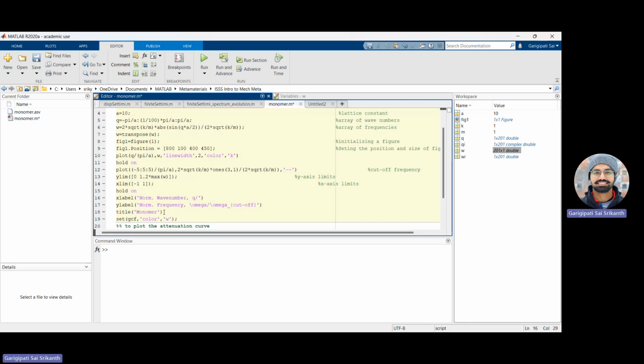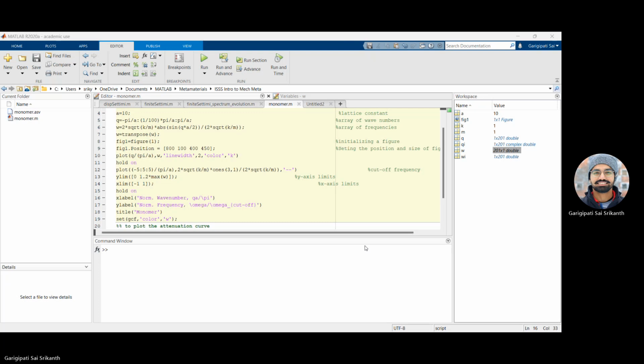Q by A by pi. Yeah, it looks so much better. Brilliant. I think the monomer is complete. So now let's move to the dimer.